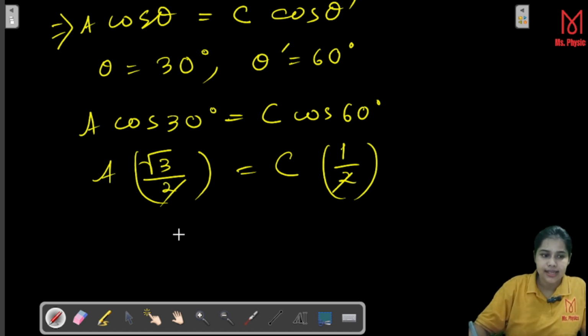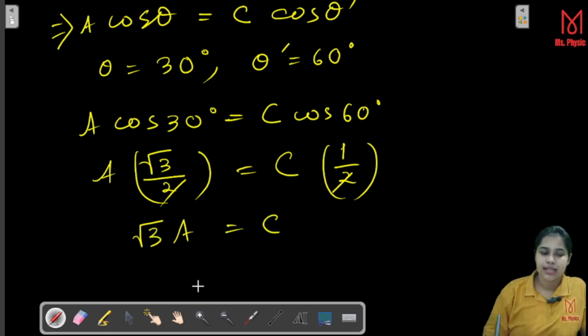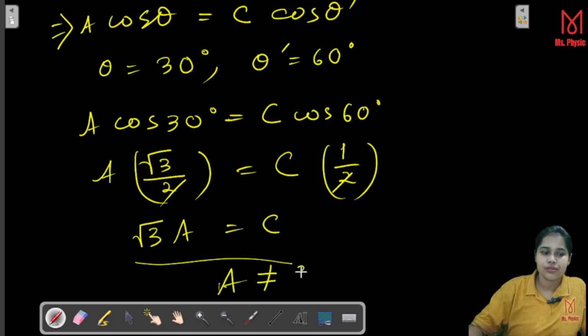Therefore we get root 3 A is equal to C. That means it is clearly proved that A is not equal to C. So this is the way to prove it.